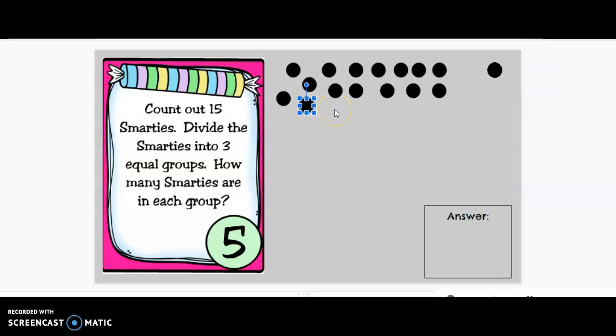Okay, so we have our 15 Smarties, and now it says divide the Smarties into 3 equal groups.